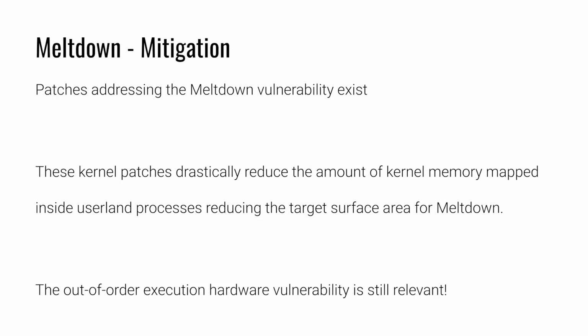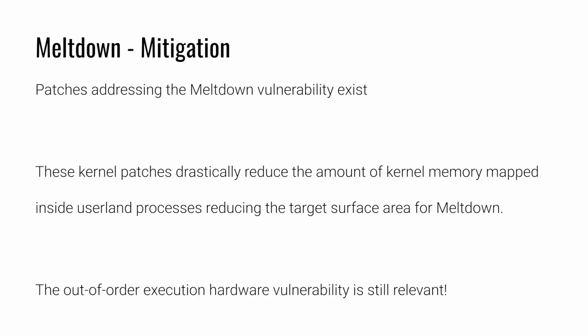The reason that you can leak kernel memory from userland is because kernel memory is mapped into the process. And what has occurred now as a mitigation for Meltdown is newer kernels do not map kernel memory into userland processes.